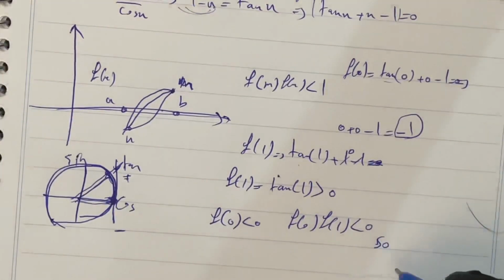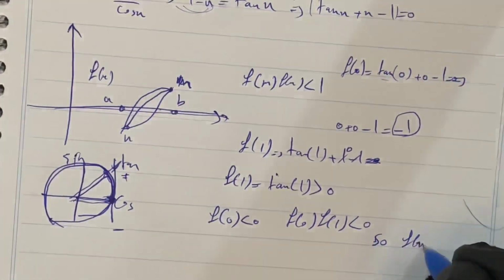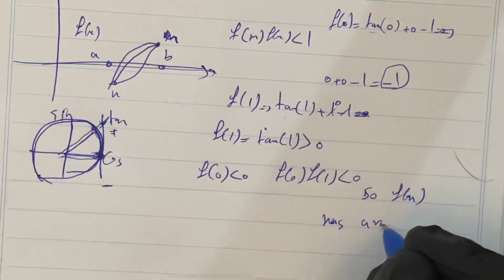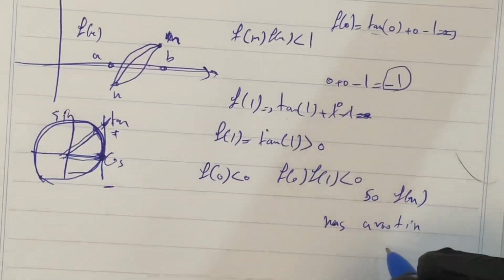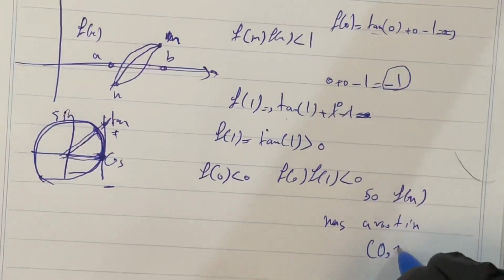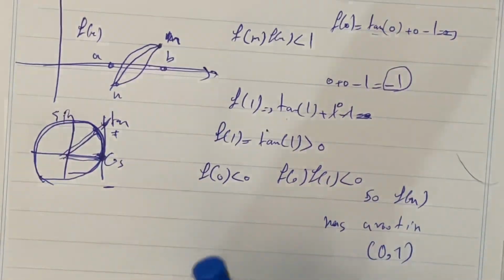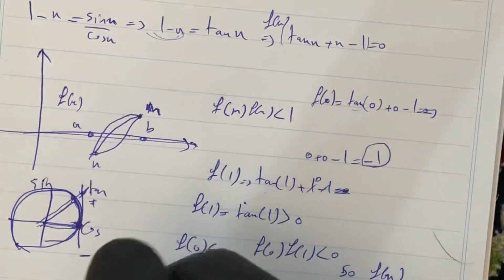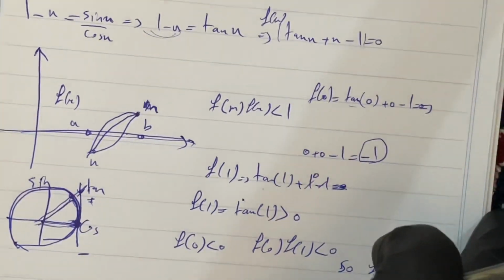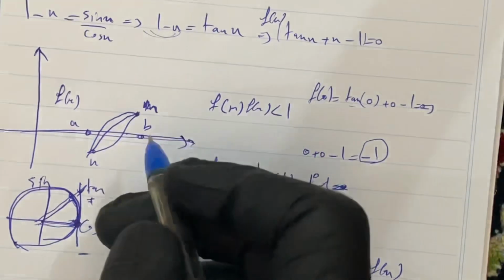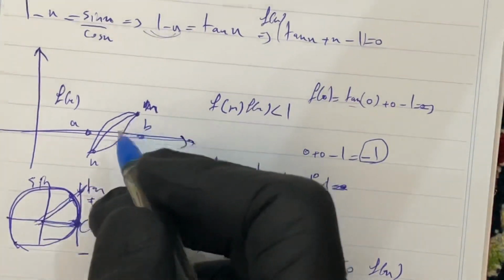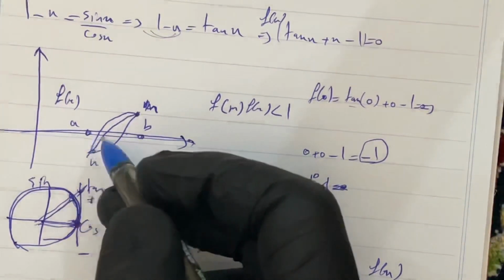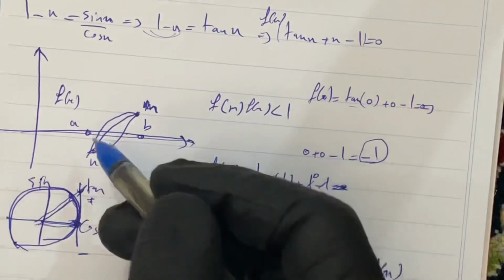So this function f of x has a root between 0 and 1. This was a great problem, it was somehow logical. You just have to know that if two values have opposite signs, the function has a root between them.